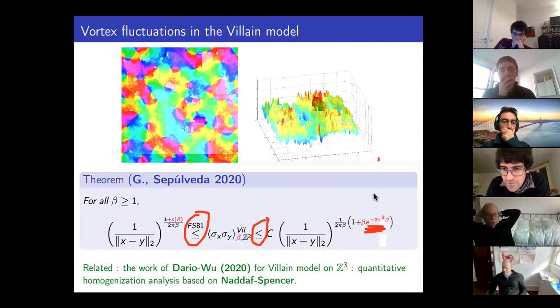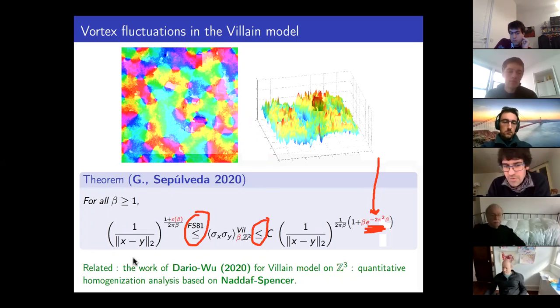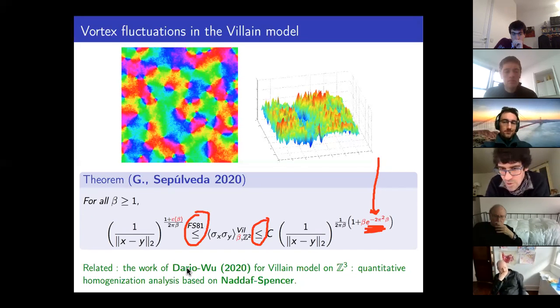And here we have the same factor of 2 that we think should not be there, but we are lacking ergodicity. We don't have this term in free energies and variances and so on, but when we exponentiate those, we lose a bit. And let me comment that this type of result is related to a very interesting work of Dario and Wu, who are both very much related to New York, at least to NYU, where they did a work for the Villain model in dimension 3.